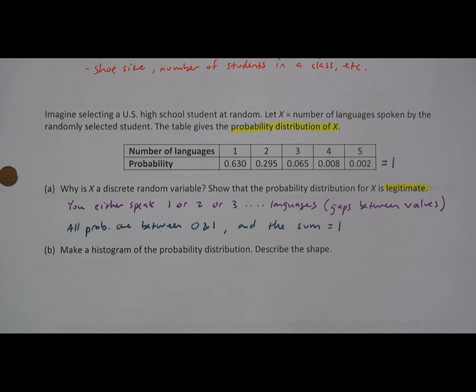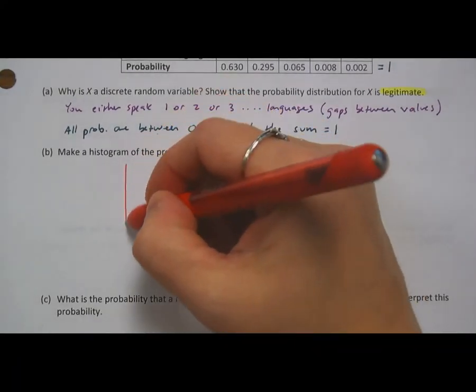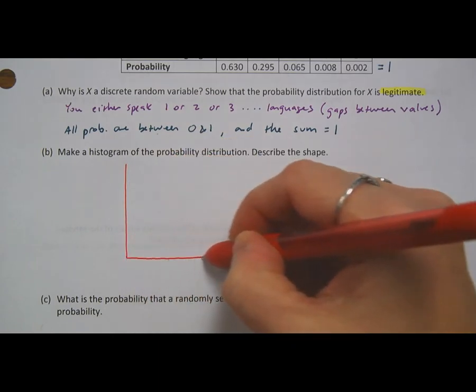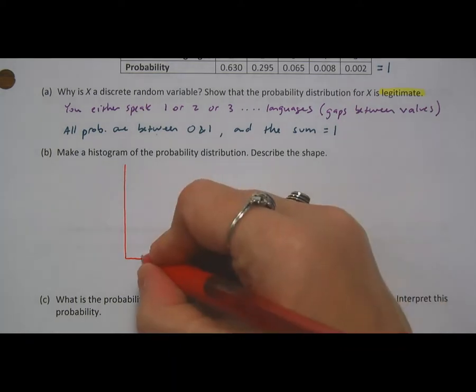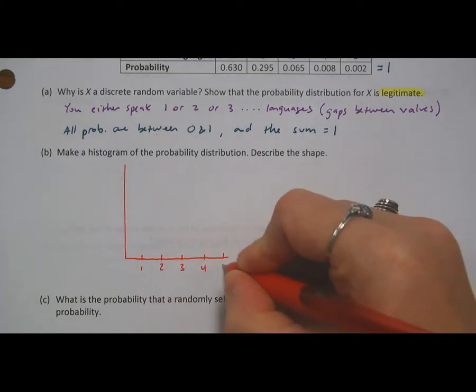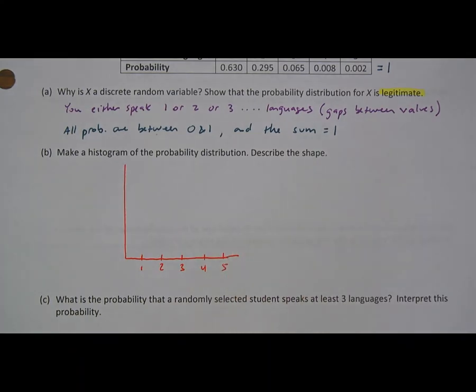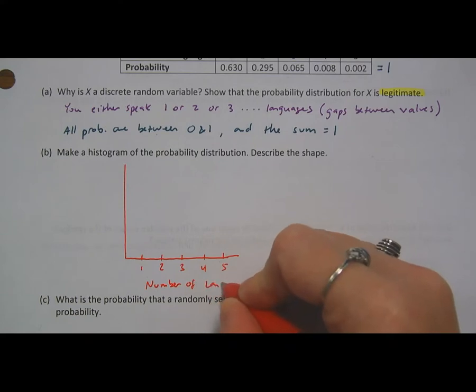We haven't done this next part in a while, making a histogram. So let's see if we can crank one of these out. Just draw your two axes and our possible values for x for number of languages. 1, 2, 3, 4, 5. We're going to label that number of languages.